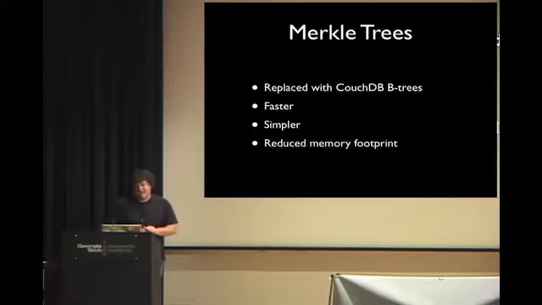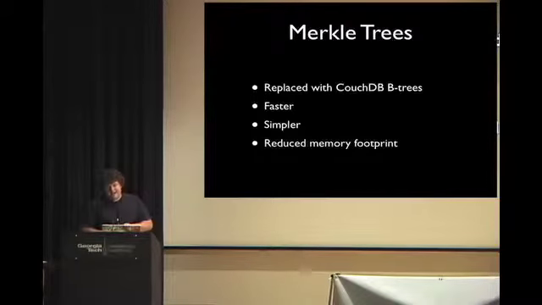So for the Merkle trees, when I was at Erlang Factory, I talked to Damien Katz, and he suggested I replace the Merkle trees with CouchDB's B-trees. At first I wrote it off as some crazy idea. Then I looked into it, and I thought, well, these are the perfect data structure for storing this hash tree.